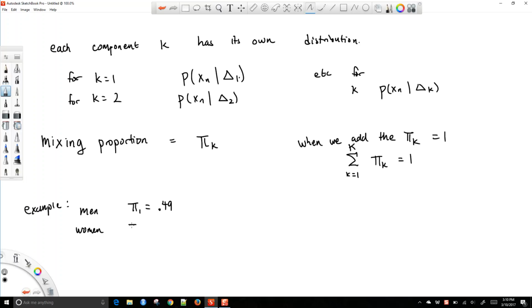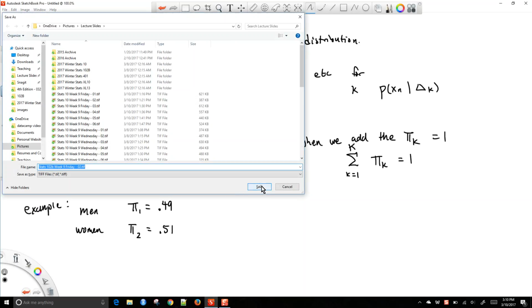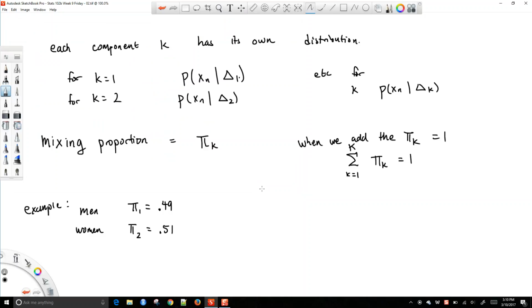There are more women, right? Men die faster, on average. Okay, so it could be something like this. And then if we're talking about heights, they could be, I'm making this up, mean 70 inches and standard deviation 3, and mean 64 inches, standard deviation of 3, or something like that. Or this might be like the general population.